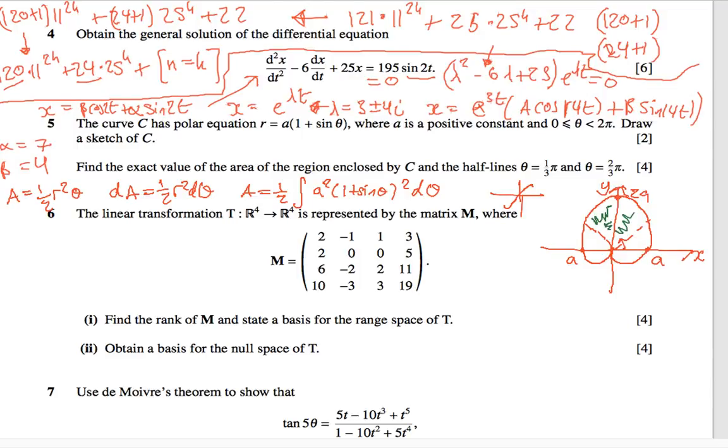The way to do that is you want to expand this out, so you get a 1 plus 2 sine theta plus sine squared theta. You can rewrite the sine squared theta in terms of cos 2 theta. You can integrate the 2 sine theta pretty normally. It should give you an answer of, I think, 4/3.